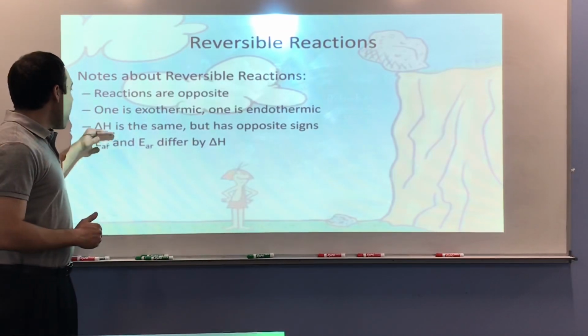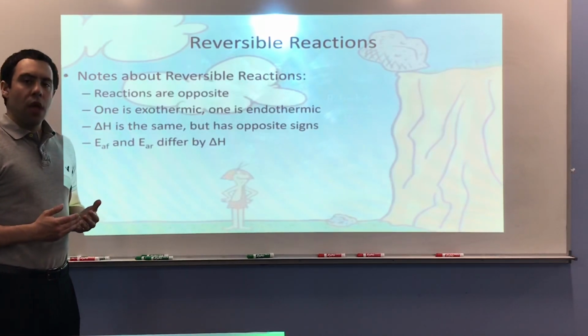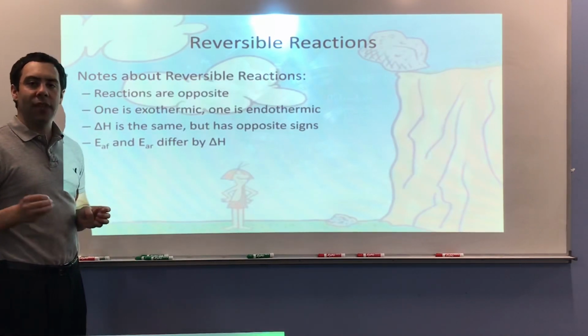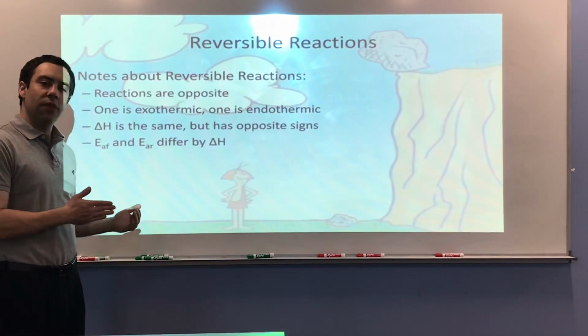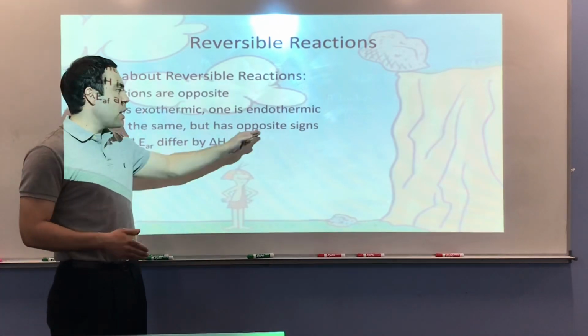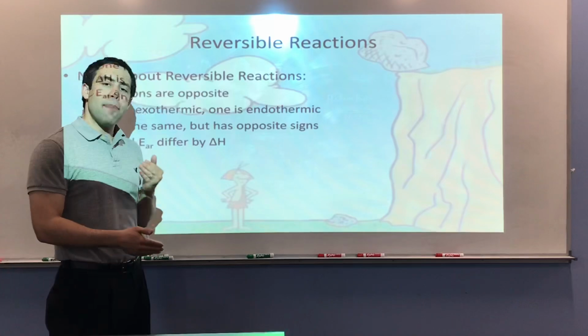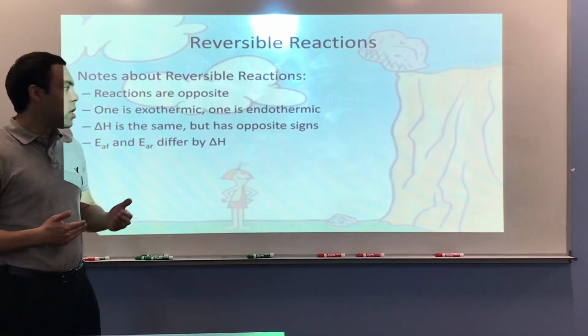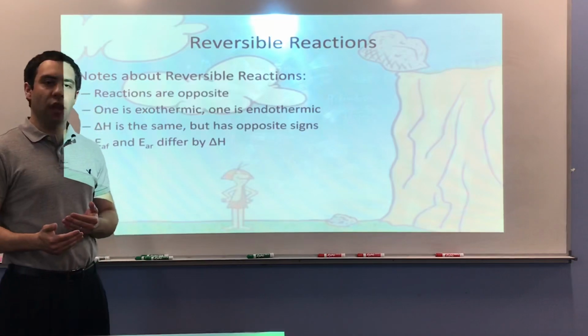We figured that out by looking at the delta H values. When we found delta H for the forward reaction, we got a negative 5 kilojoule value. The negative meaning it's an exothermic reaction. When we did the delta H calculation for the reverse reaction, we got a positive 5 kilojoule delta H value. The positive meaning an endothermic reaction.